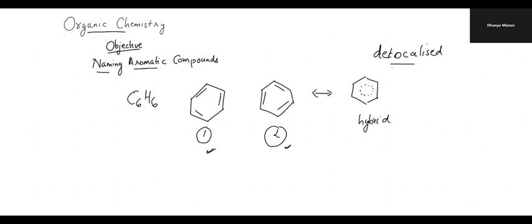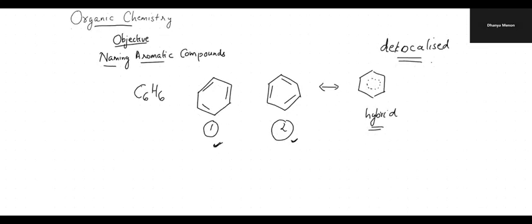It is delocalized, and this is the resonating structure of the benzene ring. You will learn more about resonance later. For now, the benzene ring has structure 1 or structure 2. That is why the hybrid structure was developed, because the double bonds are delocalized, not fixed at a particular position.